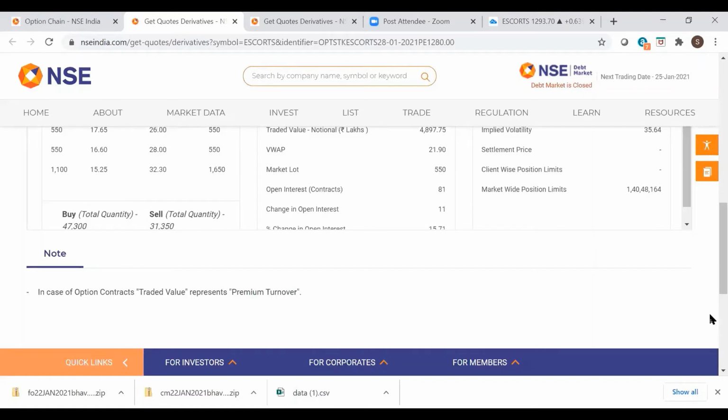This is basically what futures and options is all about. It's basically demand and supply. It's nothing rocket science.